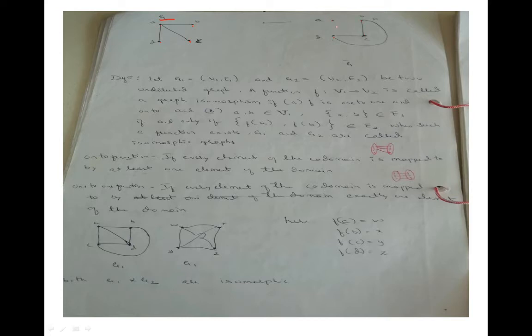A to B is there, so I'm not writing A to B. A to C is there, I'm not writing that one. A to D is there, I'm not writing that one. Whereas D to B is not there, I'll draw a new one. Then B to C is not there, I'll draw that B to C. Then D to C is not there, I'll be drawing those. Okay, so this is going to be called my G bar.